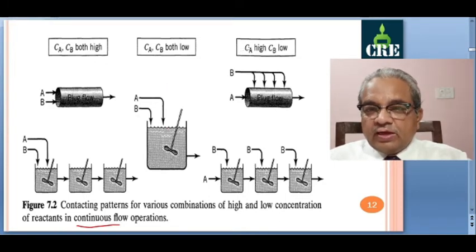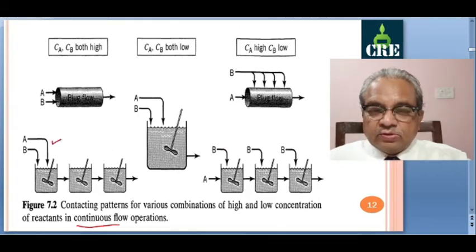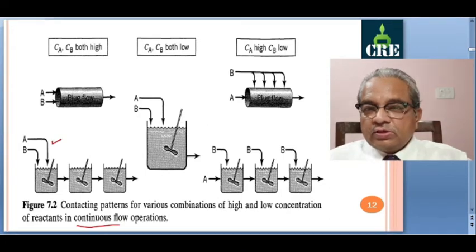If Ca is high and Cb is low, then A is a continuous stream and B is to be distributed in these mixed flow reactors, not added all at once. B, which is required in low concentration, you distribute. So this is a different kind of contacting pattern.